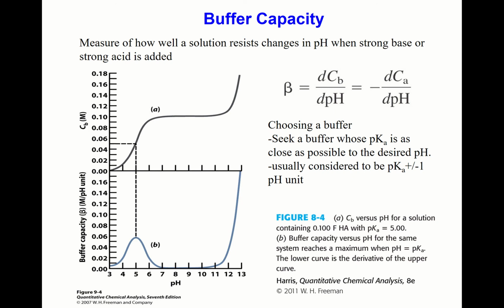What's the ratio of HA and A minus at this point? The pH is 5, and here pKa is 5. So now we can conclude that when pH equals pKa, that point is the maximum buffer capacity point.